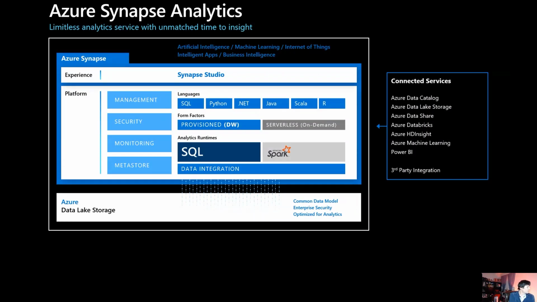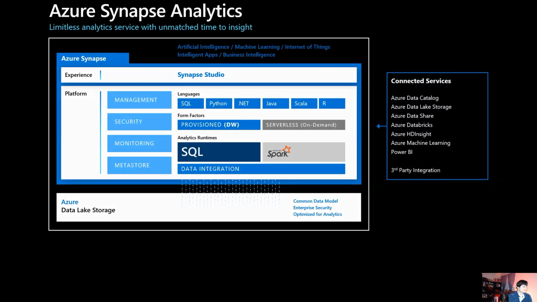For things that are not core part of Synapse, we're doing a lot of work to make them feel like they are. So Azure ML, we're doing a deep integration with in Synapse. Power BI, we're doing a very deep integration. That's what we'll mostly talk about during this session. So other Azure services that contribute to this, even though they may not be part of the core Synapse product, they will feel like they are, and they will have these very deep integrations.